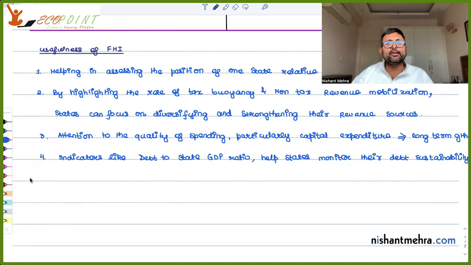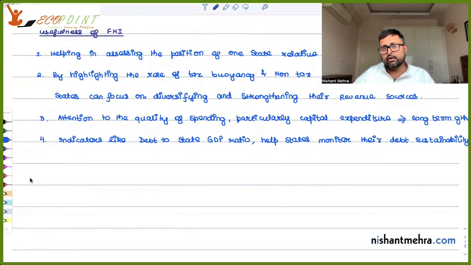So states like West Bengal, Punjab, they have huge debt burdens, right? So when you keep on looking at debt to state GDP ratio, you get a warning signal. It is going off the chart. Take up some measure to reduce debt to GDP ratio, right? So before fiscal stress is going to worsen. So it is like that, right?